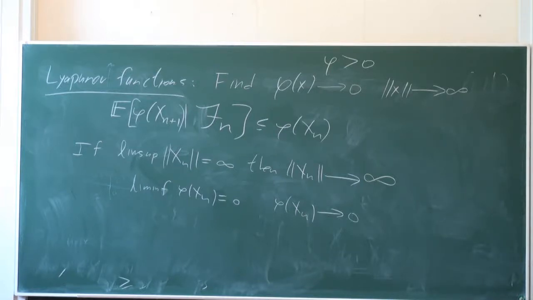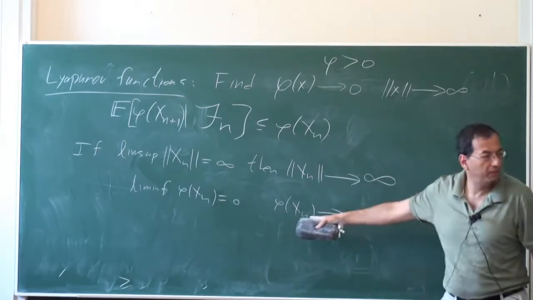Do you want your phi to be convex? No. This superharmonic condition is close to convexity, but we don't need any convexity assumption. The proof of this didn't use any convexity.